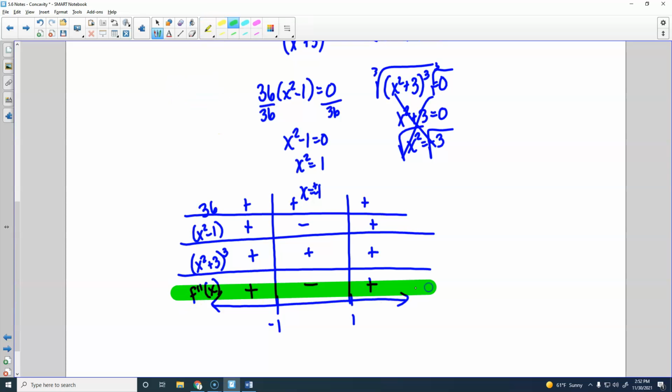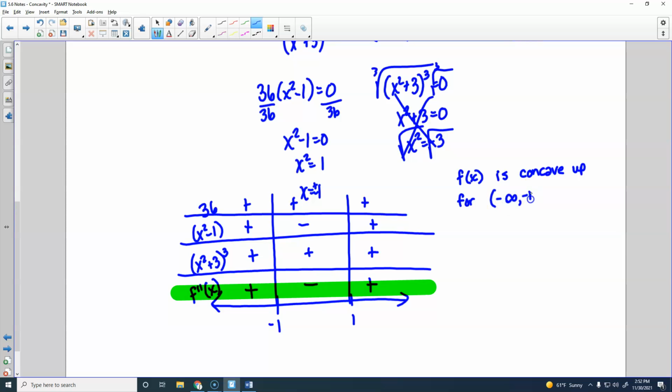So we're looking at that second derivative. Its sign is what's telling us our answer. So I would say f of x is concave up for which sections?